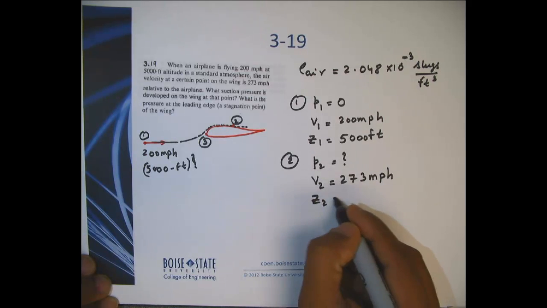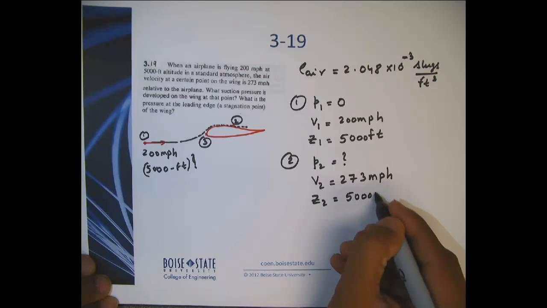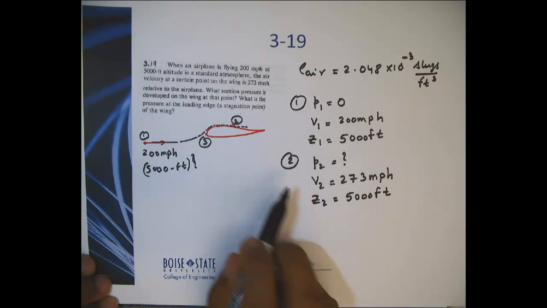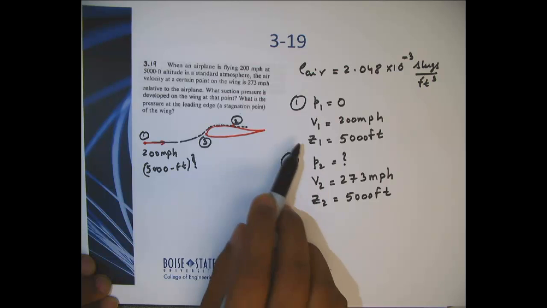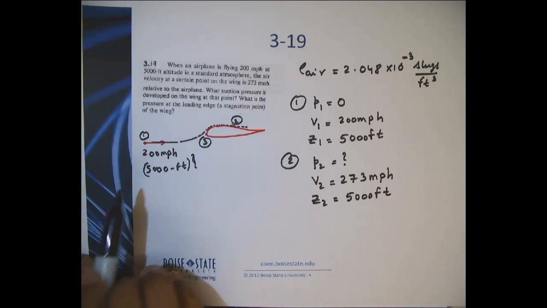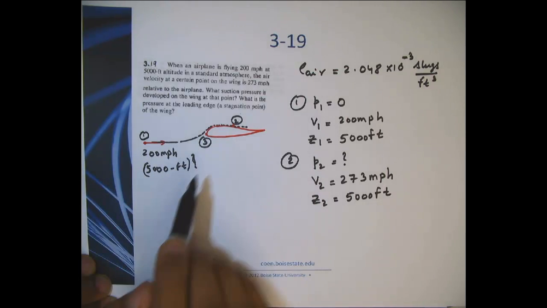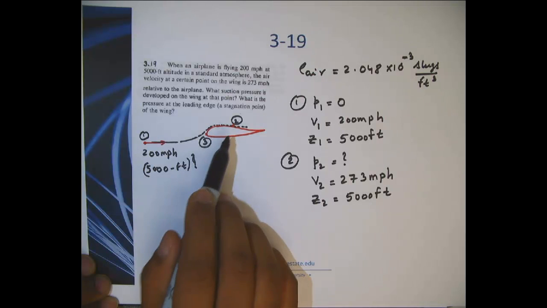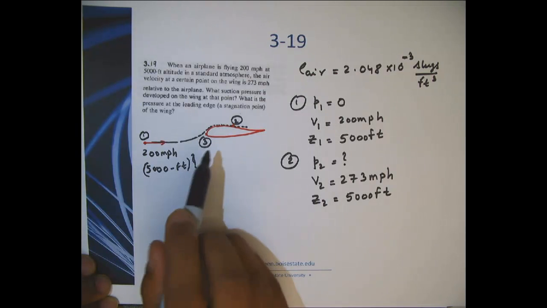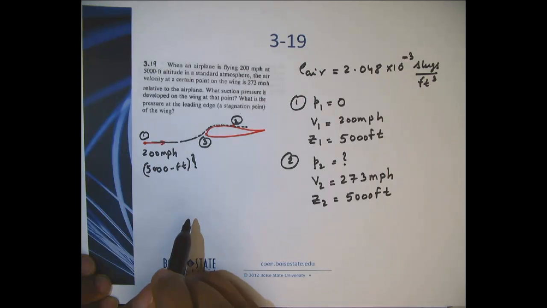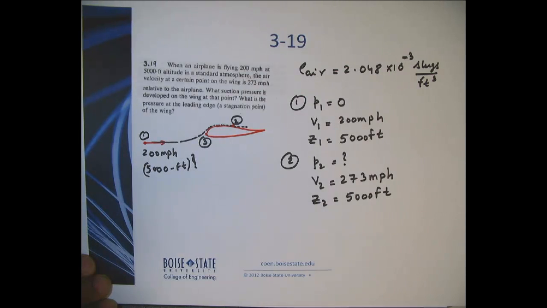We know the elevation. For all intents and purposes, I'm considering the elevation to be the same, even though you can have some height difference here; compared to the actual height, you can neglect the elevation effects, and you'll see why and how that goes away later.